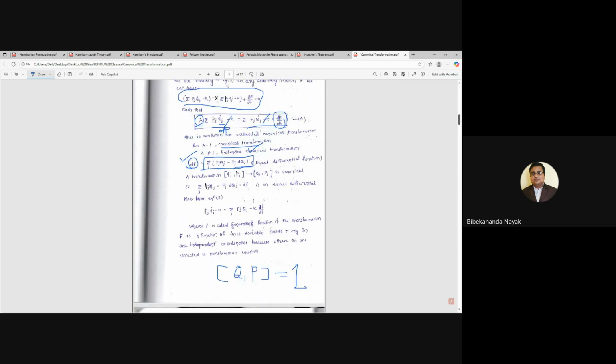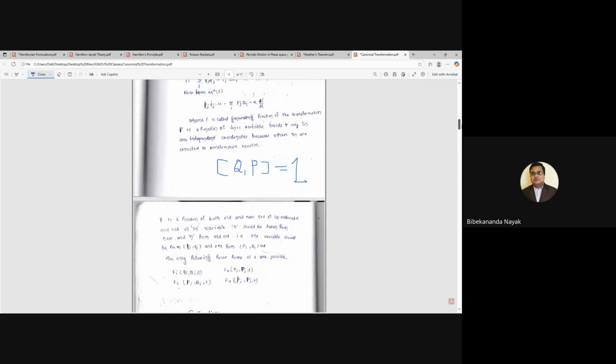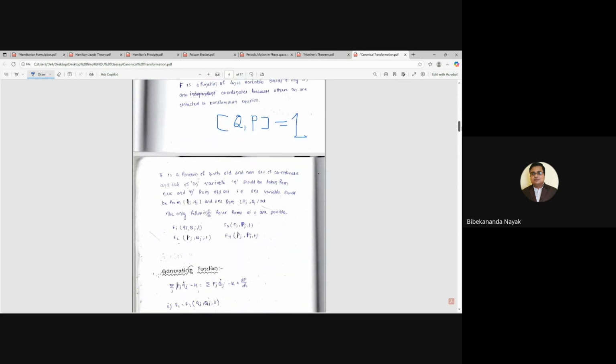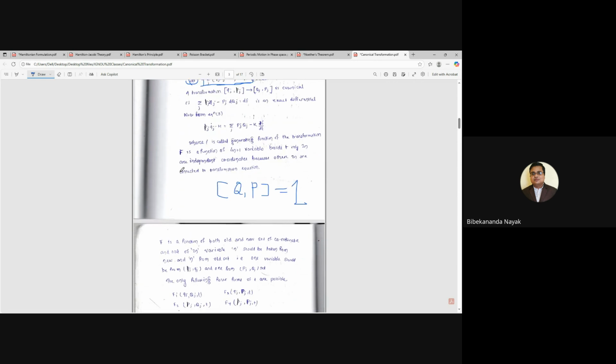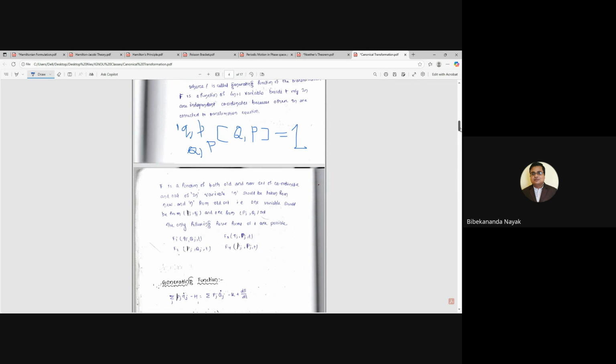This f is known as the generating function, and it can take one old coordinate and one new coordinate. So actually there are two old coordinates, small q small p, and two new coordinates, capital Q capital P. F is a function of one old coordinate and one new coordinate. So it has four forms.